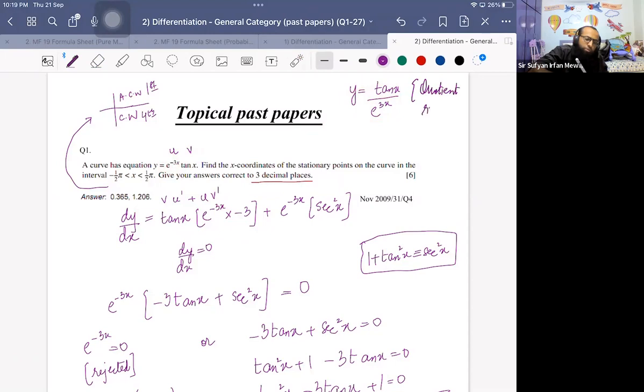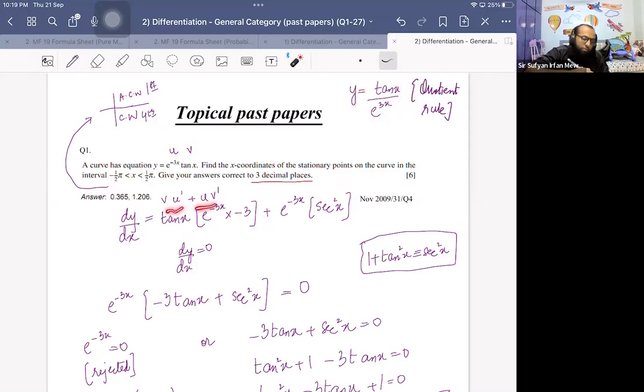We have used the product rule, but if someone takes e power minus 3x to the denominator, then they can use the quotient rule. However, it's always better that in whichever form the equation is given, we need to follow that, because at times if we are not following that, the complications increase. However, I've not tried it using this, so you can try if you want.